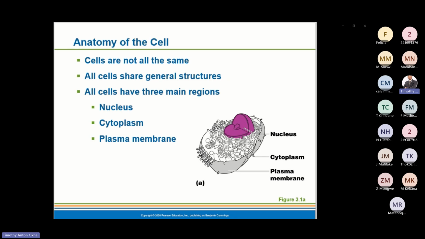Although most cells contain basically the same elements, those elements or cellular organelles will depend on the function of the cells within the tissue. So the cell shape and the organelles they contain are closely related to their functions.